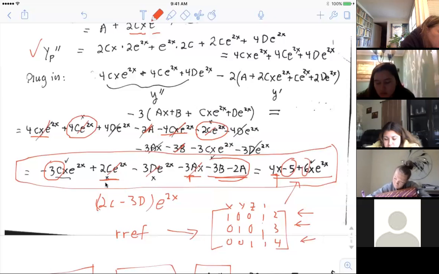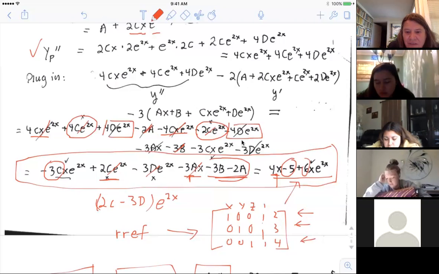There's a 4d e to the 2x. There's another 4d e to the 2x, and it's minus. So that one's gone. So there was another thing that dropped there, wasn't there? See that plus and that minus d e to the 2x? Okay, so that's gone. The only other d e to the 2x that's left is that one, and I have it right there.